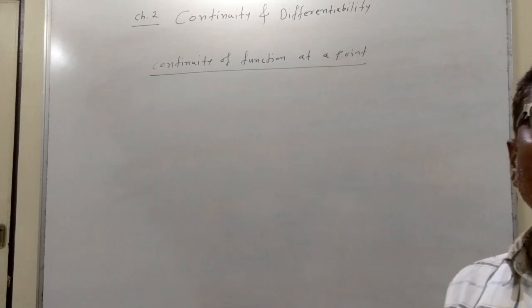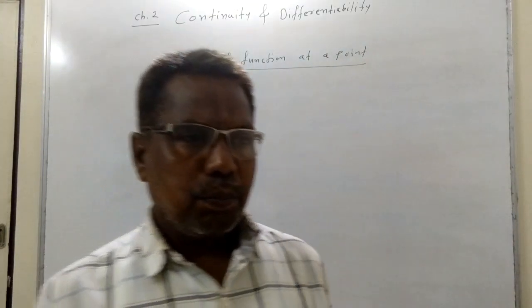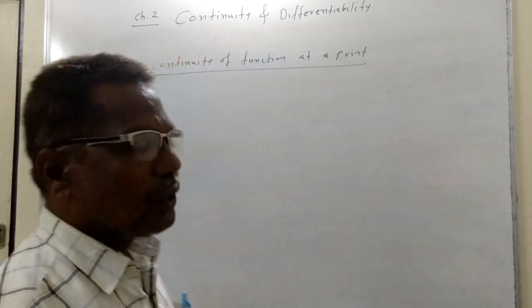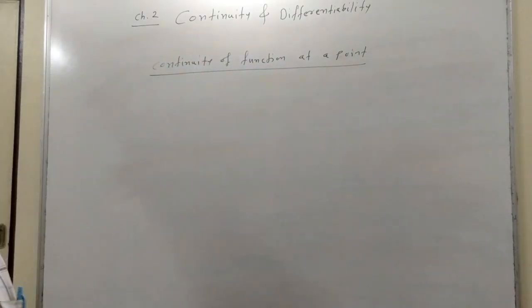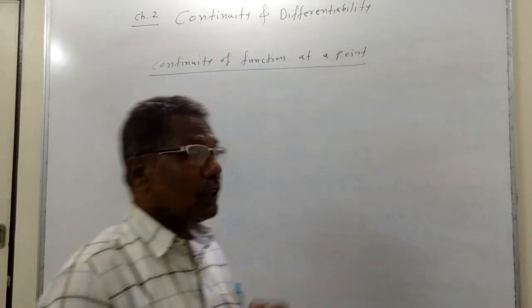That is, if we draw the graph of that function and there is a gap in the graph at that point, then we say the function is discontinuous. If the graph is coming continuous, then the function is continuous.